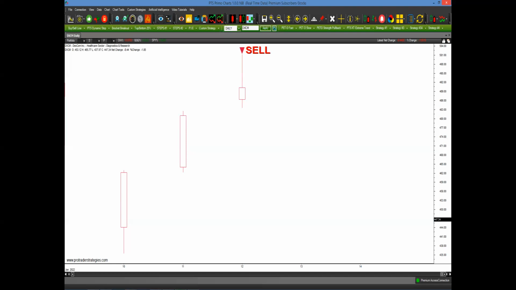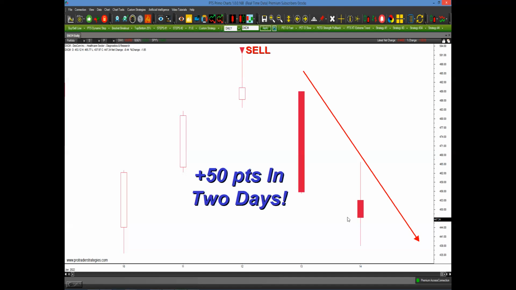It's a short-term bounce in a short-term downtrend. So you look to see if any of the requirements are met for a strategy 10 signal. And yes, right here they were. So on the 12th, last week, you could have sold and in 2 days potentially made 50 points, okay? This is how simple this process is.